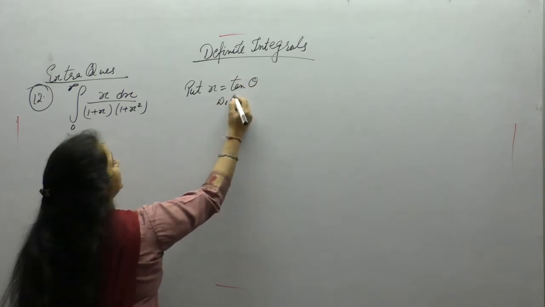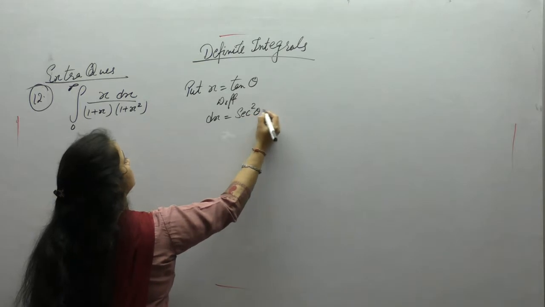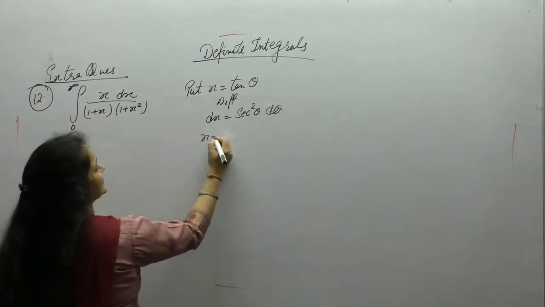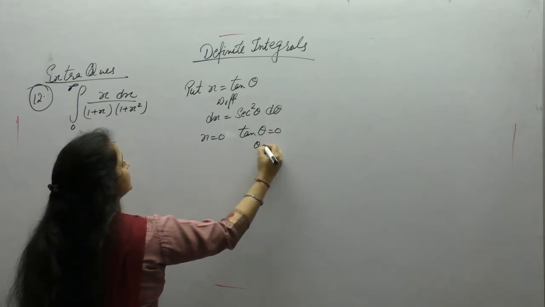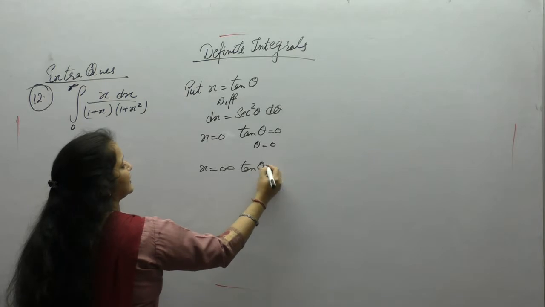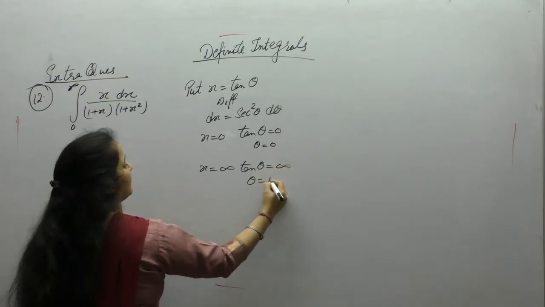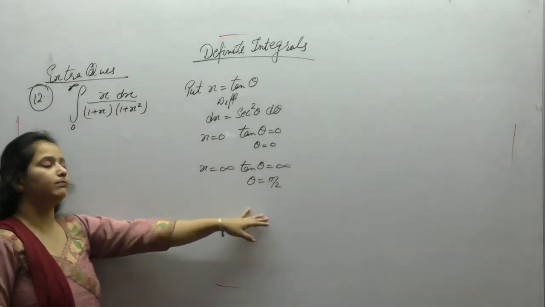Now derivative of tan is sec square. When x is 0 then theta is also 0, and when x is infinity, tan is infinity for pi by 2. So limit tends to 0 to pi by 2.